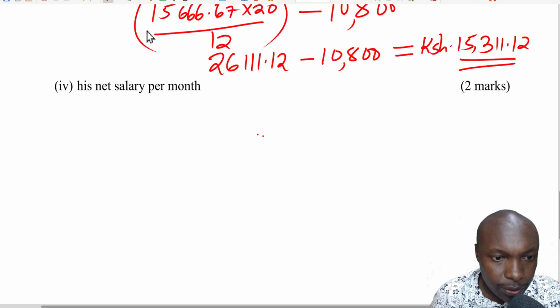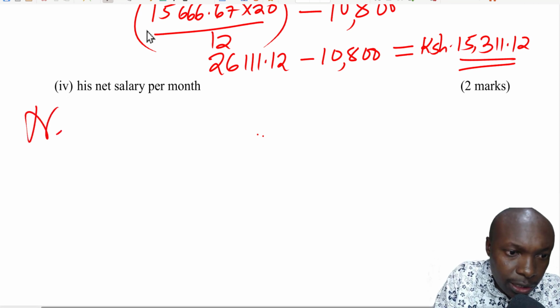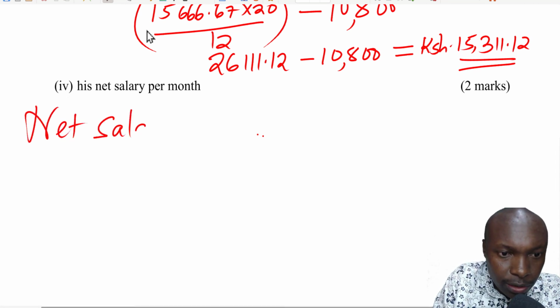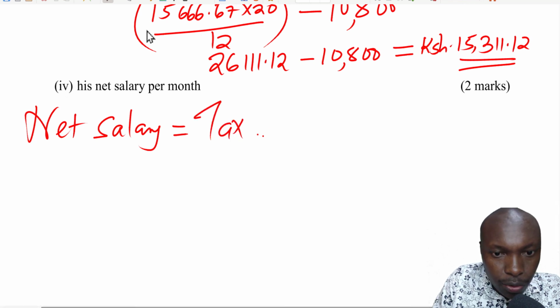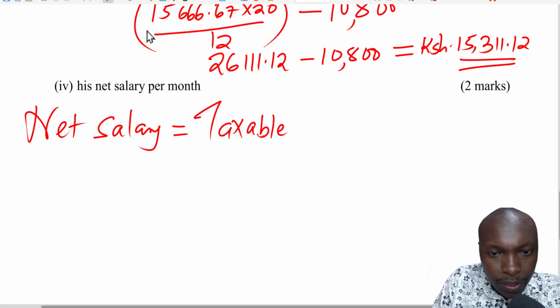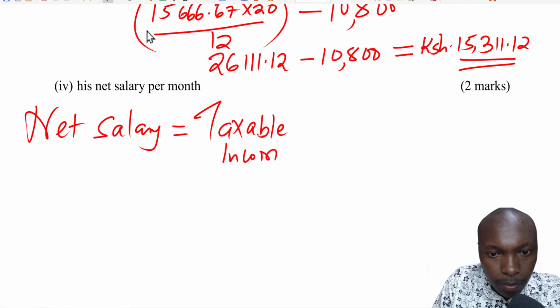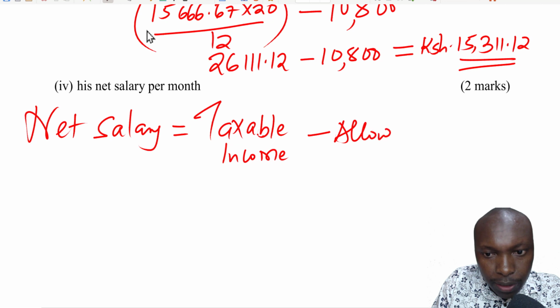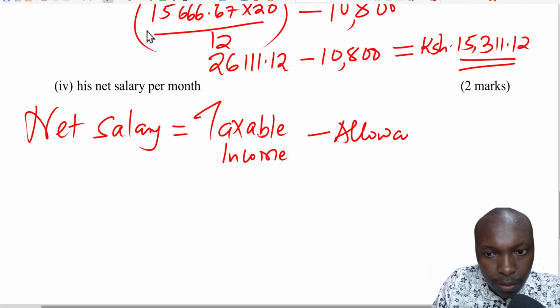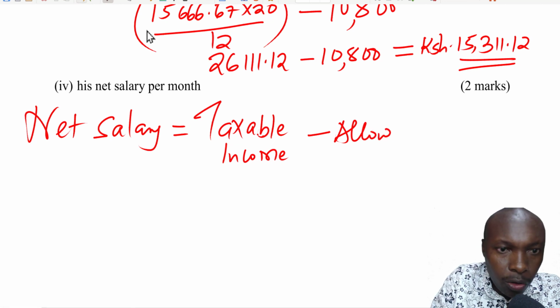Now, the last one is the net salary. How do you get net salary? A net salary is going to be obtained by taking the taxable income, subtract all the allowances. No, not all the allowances, but all the deductions.